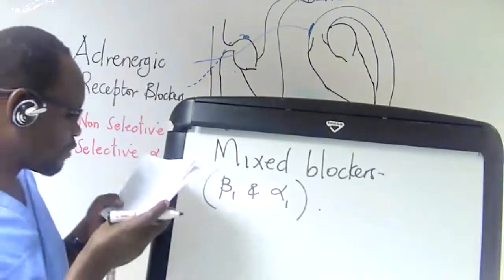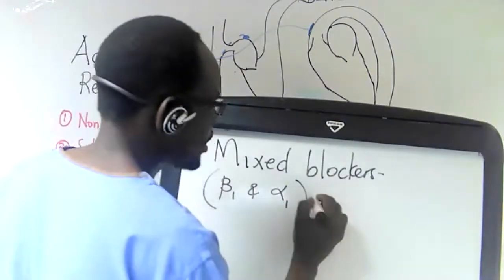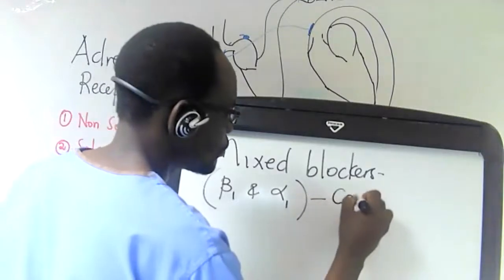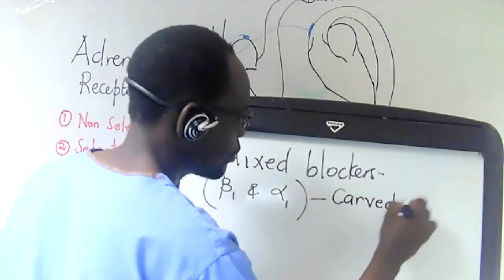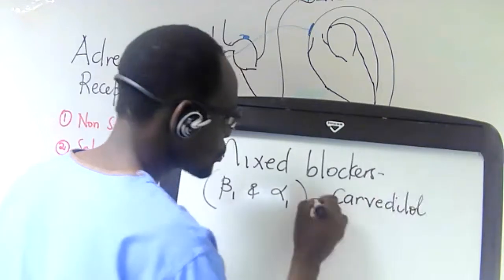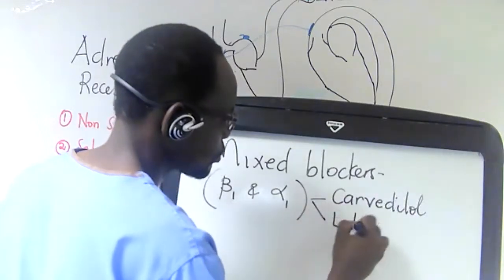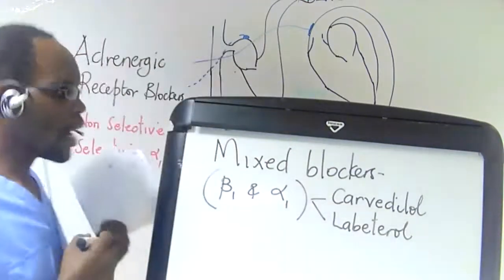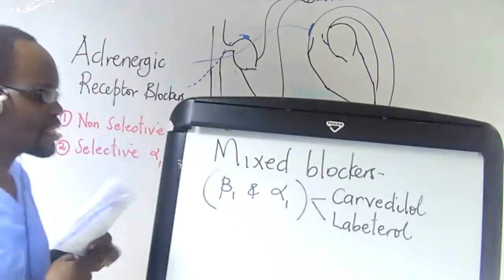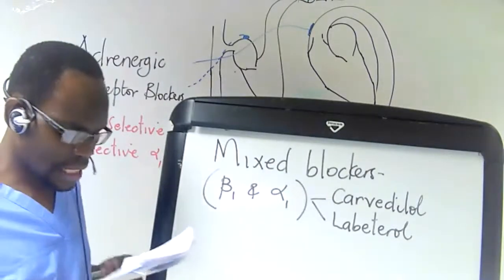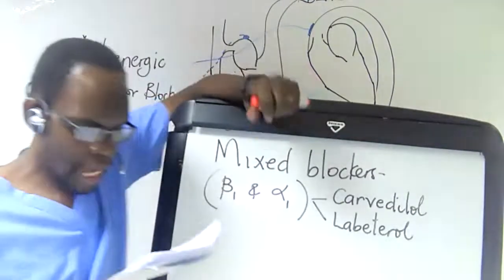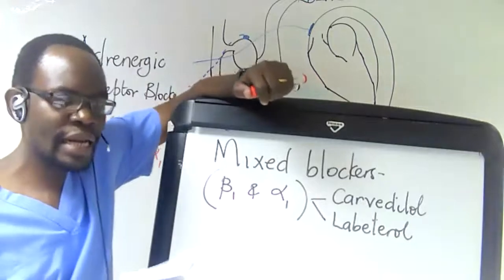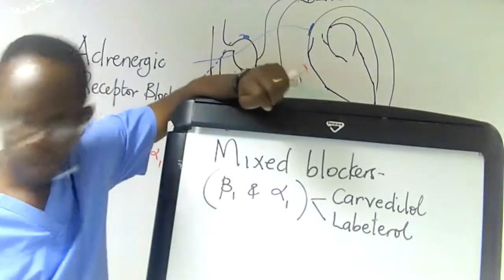Examples of these are carvedilol and labetalol. So those are the mixed blockers.